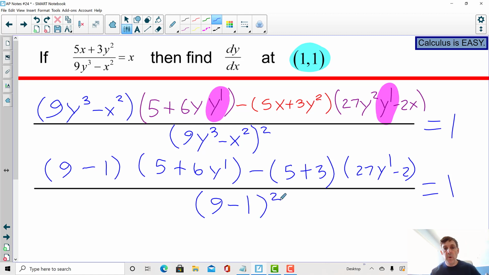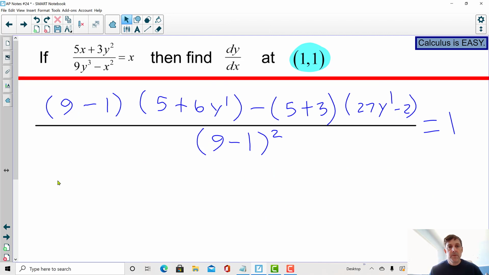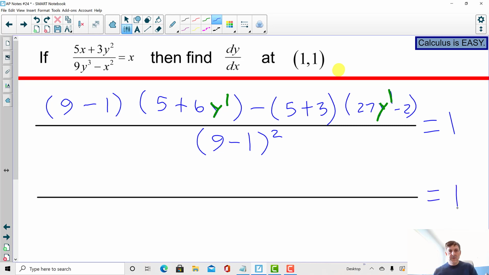This is going to make things way easier. Let me move this up. We'll continue to simplify. Again, we do have to solve for y prime, and that's because it says find y prime. Our answer is going to be y prime when x is 1 and when y is 1. So we have a y prime right here. We have another y prime over here. We'll continue to simplify.